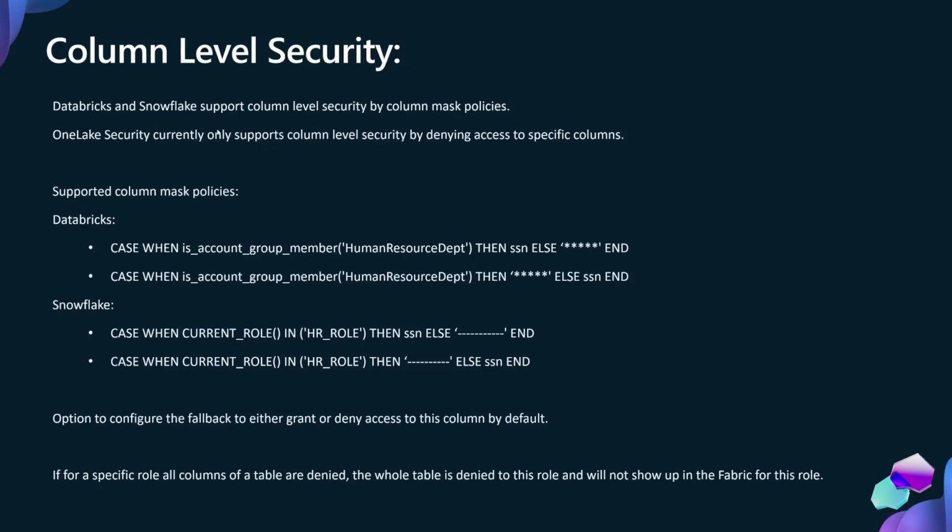Databricks and Snowflake support column level security by column mask policies. On the other side, OneLake Security in Fabric only supports column level security by actually denying access to specific columns, or on the other side, allowing access to only those defined columns.